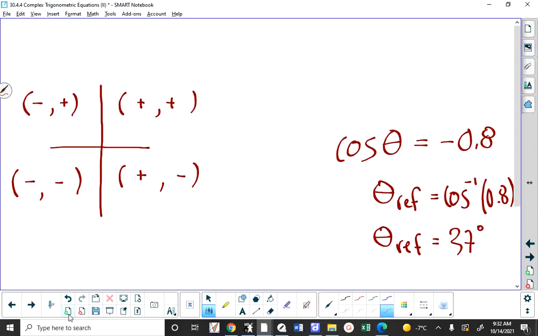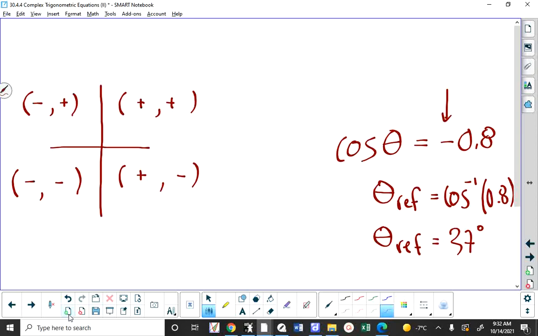Now, the first thing to note is that this is not necessarily one of the answers, okay? Your question is, how do you go from the reference angle to the 2 angles? And you have to now look at whether the trigonometric ratio that you were given or that you used is positive or negative, okay?